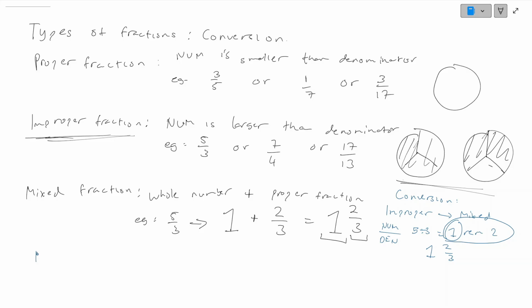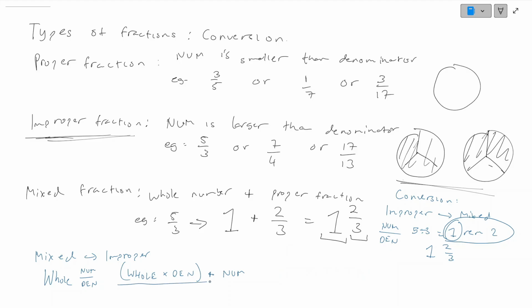When you're going the other way around, so mixed to improper, remember you have it in this format: you have your whole number, and then you have your numerator over denominator. What you will do to convert it into improper is you will take your whole number multiplied by your denominator. Then the answer you get from that you will add with the numerator.